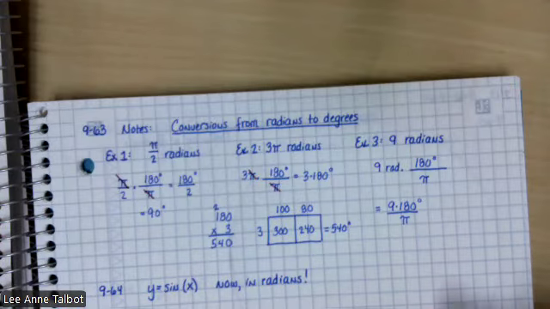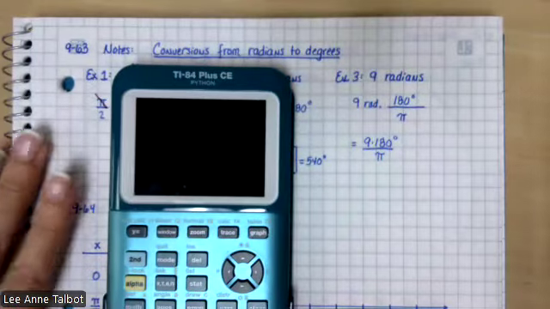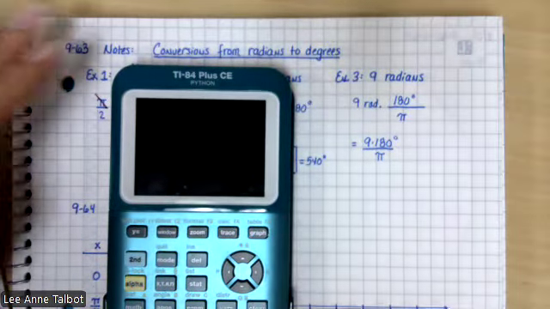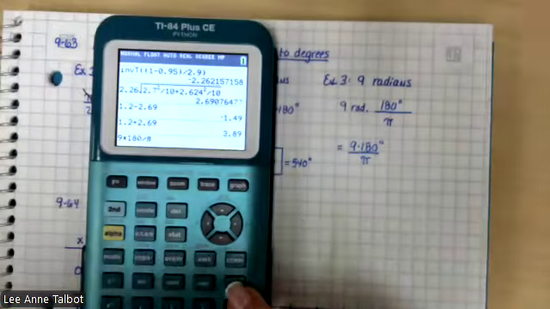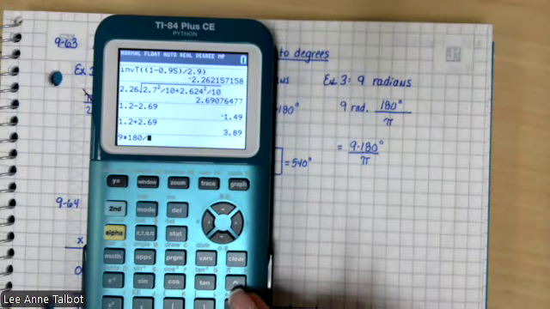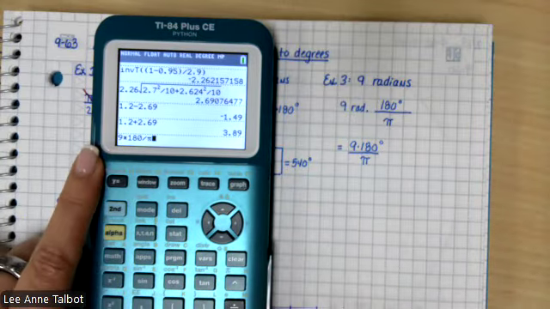What you do is you go to your calculator, and I'm not going to put one like this on your quiz, I promise. And you go 9 times 180 divided by, and then the pi button is right above your exponent button, which is the caret. So go second exponent.